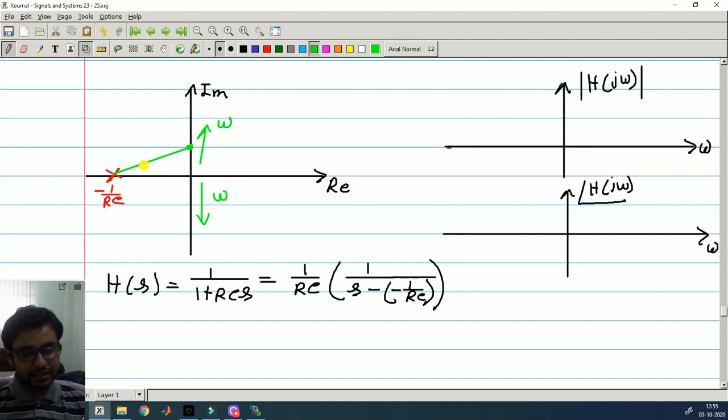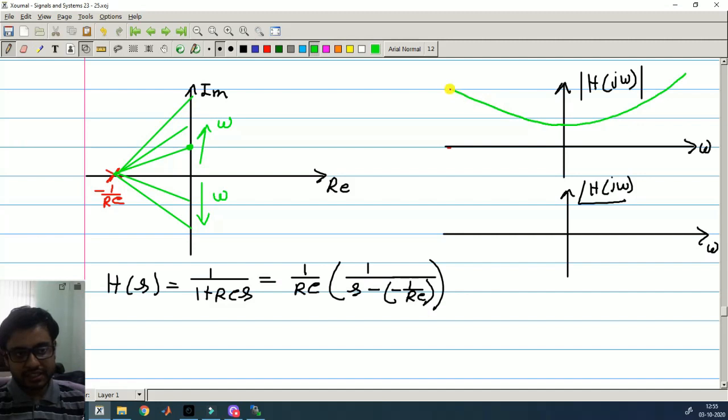And this length is the magnitude of s minus this. So you see, as ω increases, this length increases. So we will have a plot like this. And also for negative ω, it also increases. It will be like this.